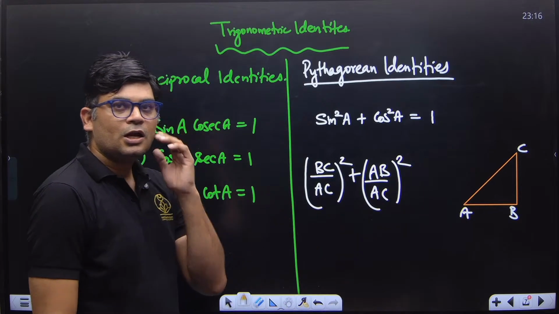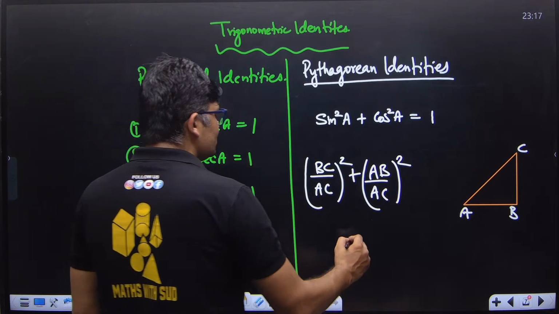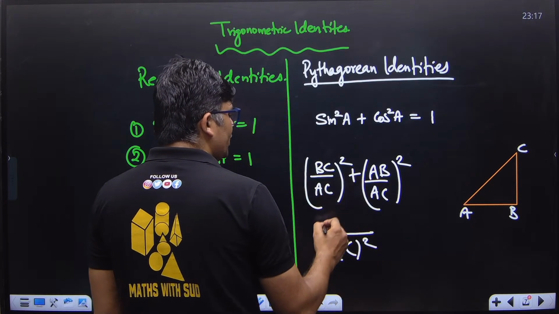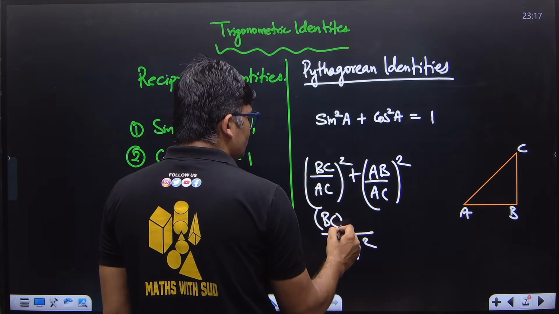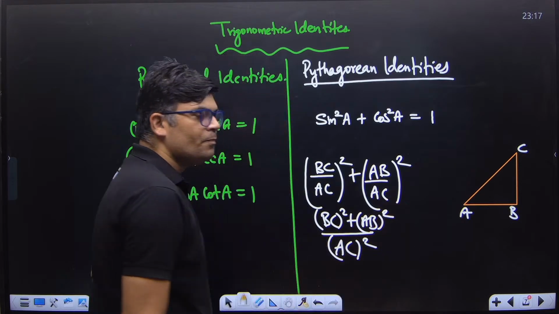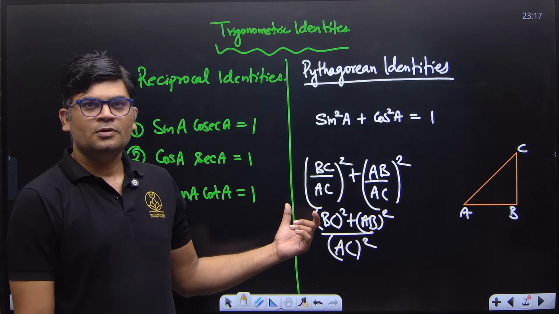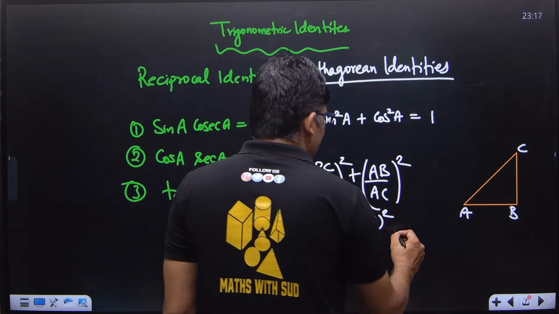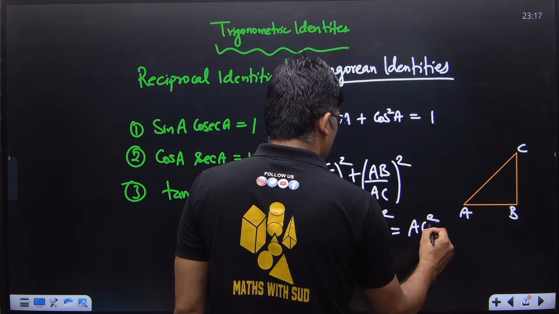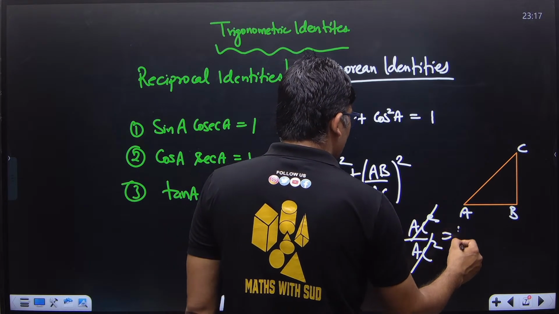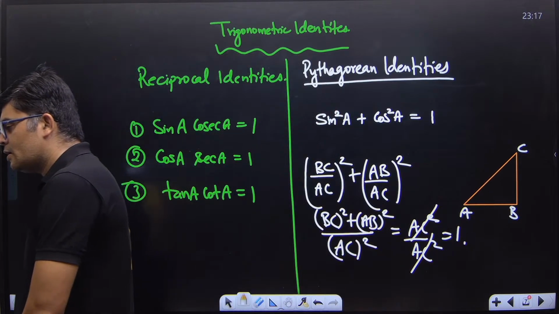Now both have the same denominator, AC whole square, so the numerators will be added: BC square plus AB square. Now according to Pythagoras theorem, BC square plus AB square is how much? AC square. So it will cancel out and come as 1.